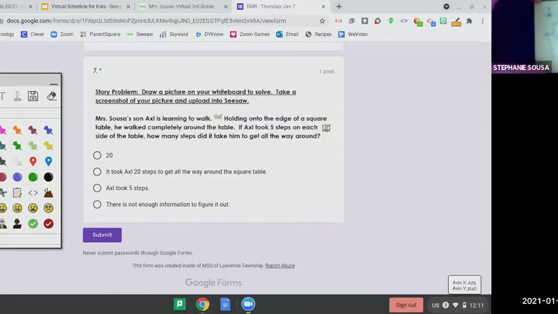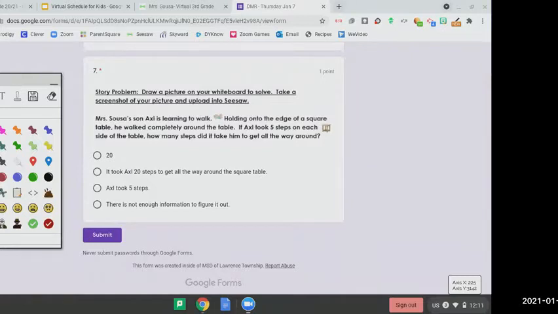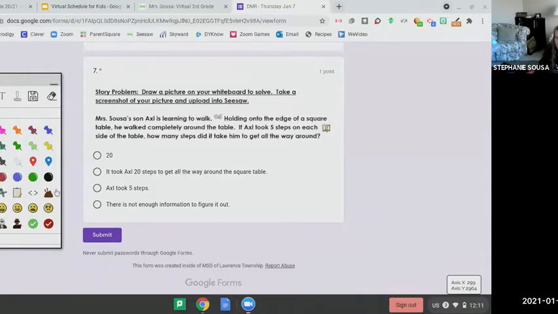So when I add up all 5 of those steps on each side, that's 5, 10, 15, 20 steps. He took 20 steps around the square table. So our answer will say, it took Axel 20 steps to get all the way around the square table.